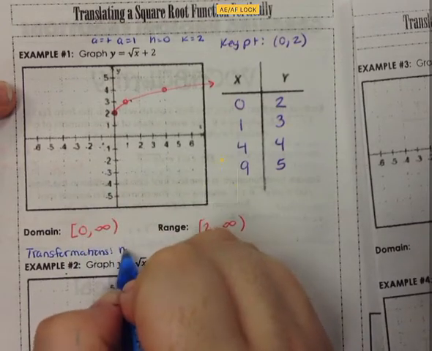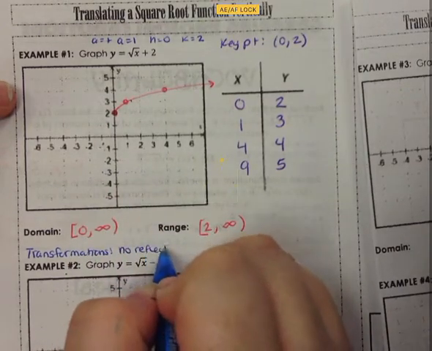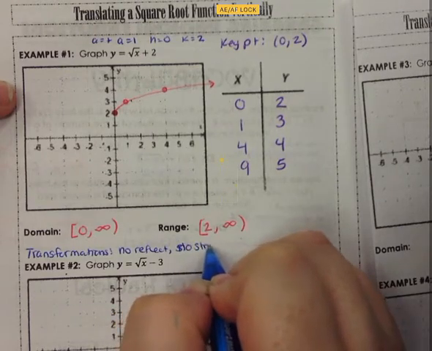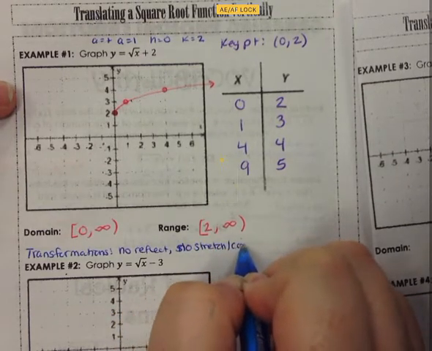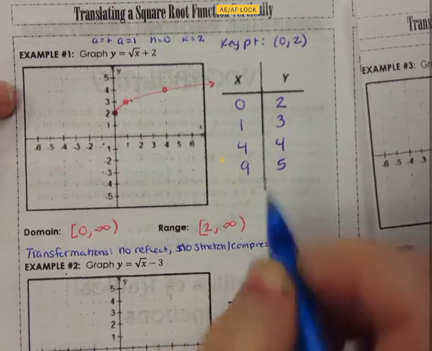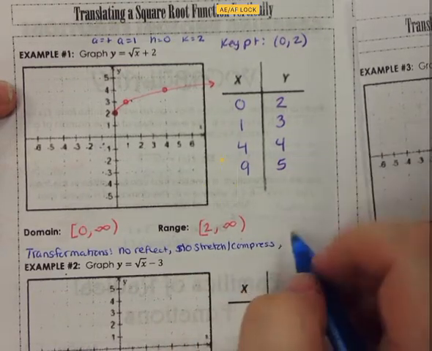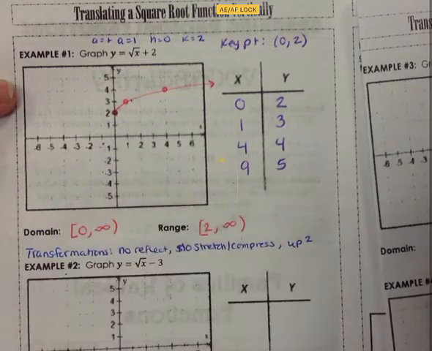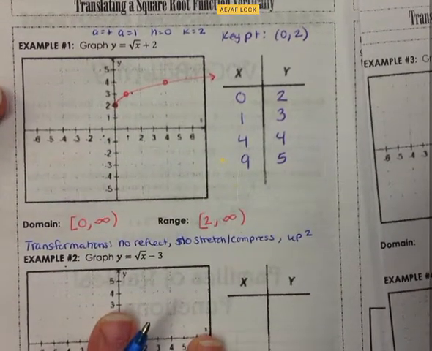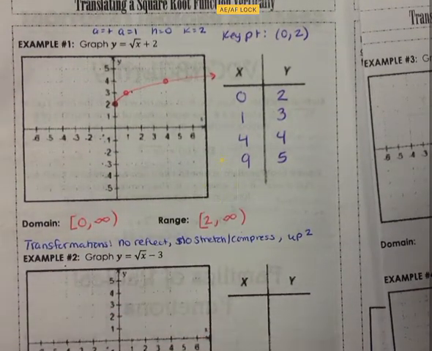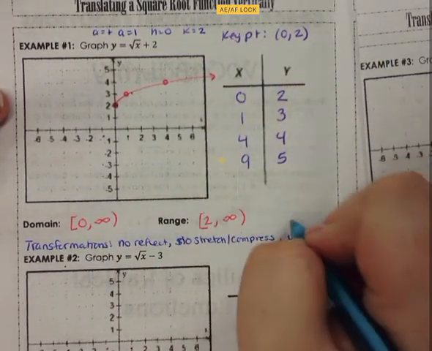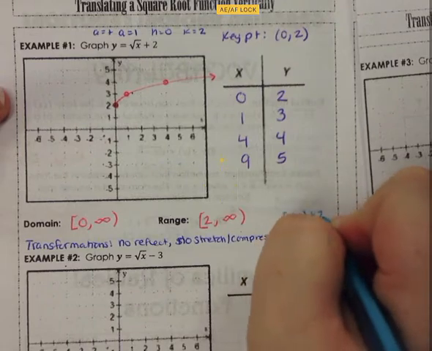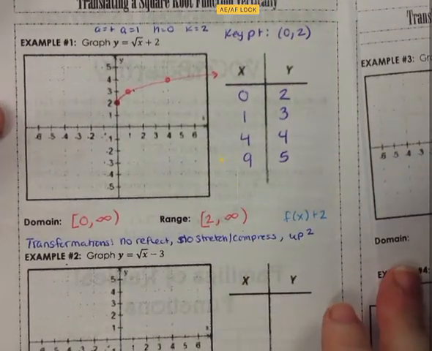So there's no reflection, no stretch, no compression, and it does not go right or left, it just goes up 2. And that's what's happening. It's going from 0, 0 up 2. And so if we wanted to write it as function notation, we would have f of x plus 2. That would be function notation.